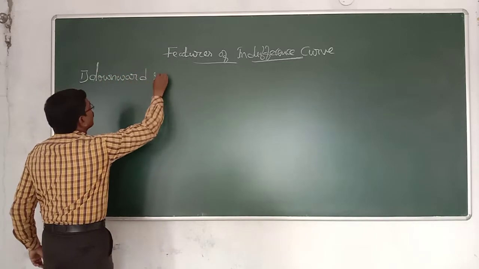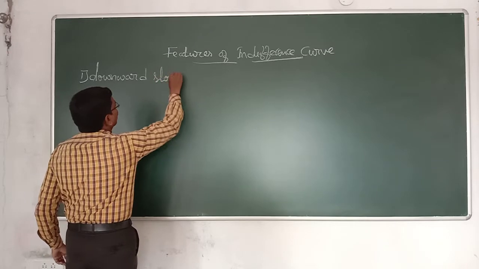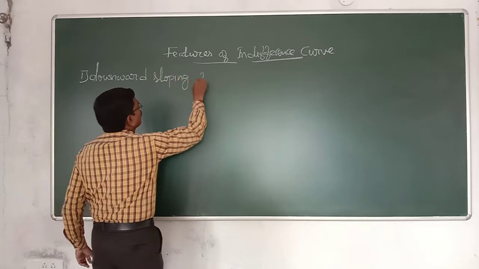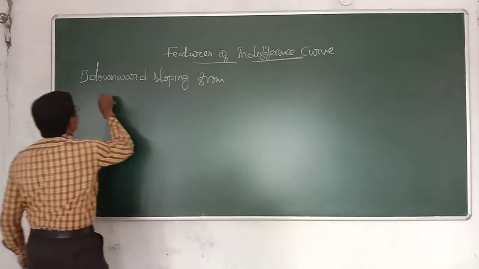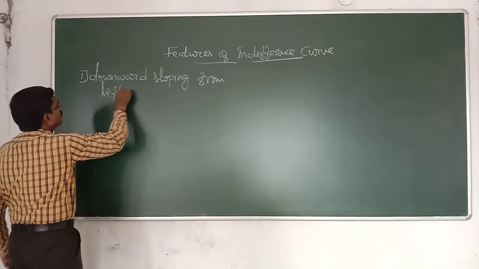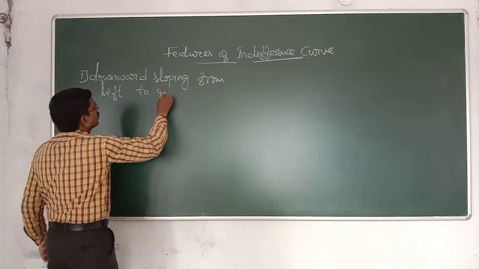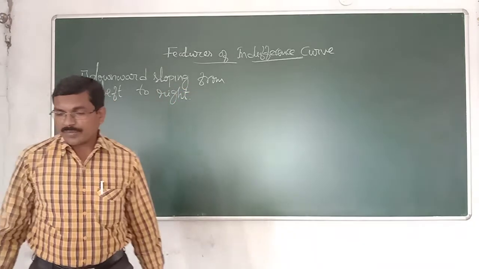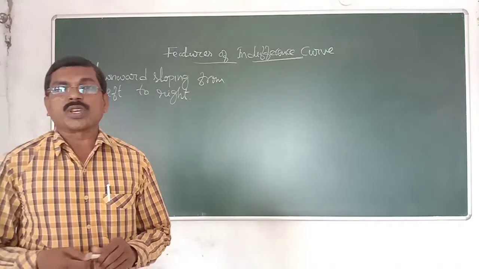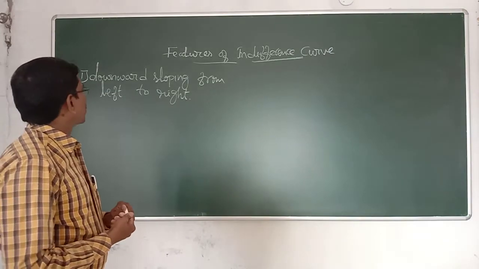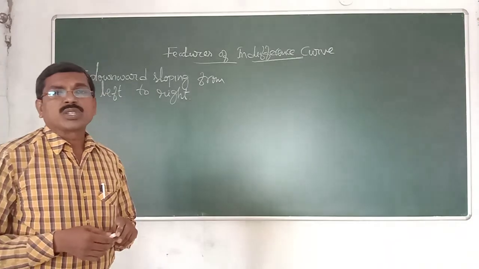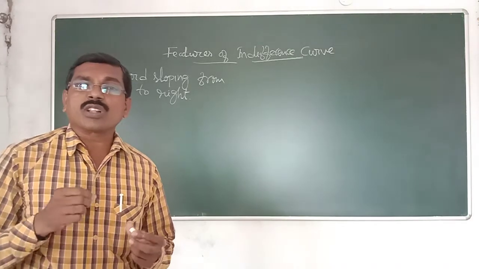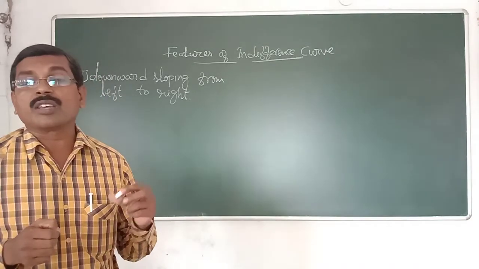Downward sloping from left to right. The indifference curve slopes downward from left to right. It is also called negatively sloping, like the budget line.